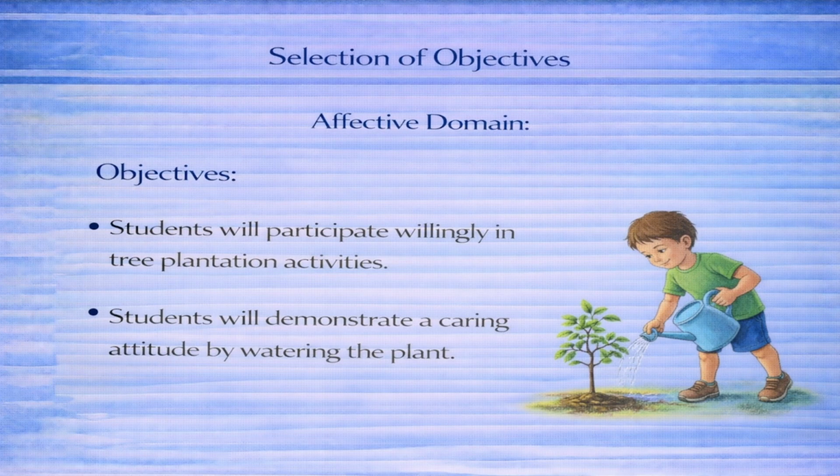For example, students will participate willingly in tree plantation activities. The next one is student will demonstrate a caring attitude by watering the plant. In simple words, objectives of this domain focus on values like interest, appreciation and positive attitudes.